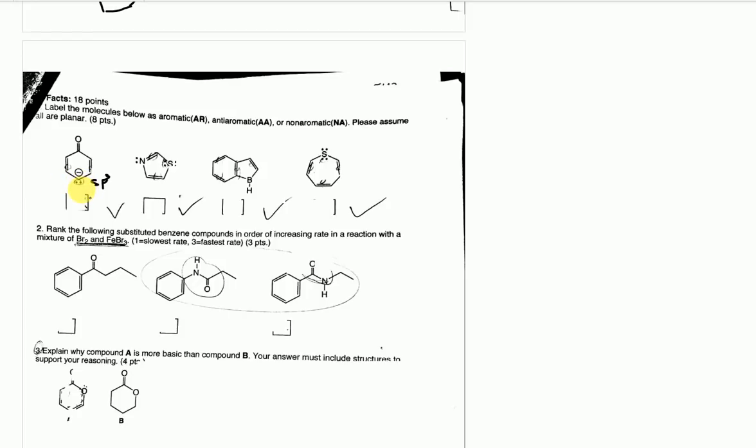Whenever you have a negative charge in particular, you have to resonate it. It's automatically going to be included in the total number of pi electrons in the ring. So this is 2, 4, 6, and then that's it. So that's 6 pi electrons.